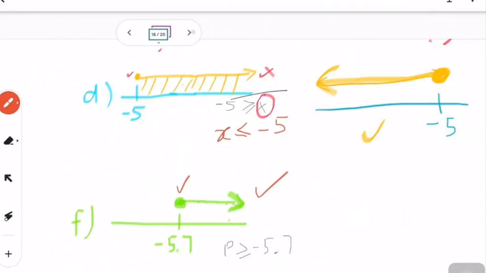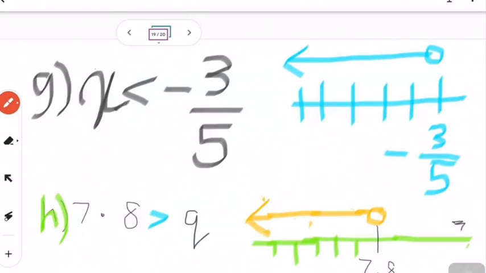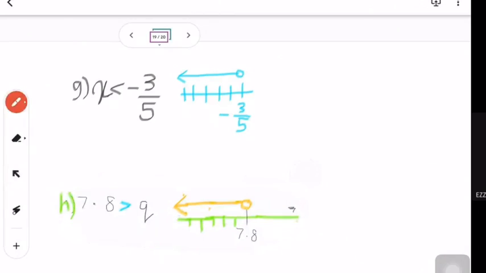Page 19, G, H. Alright. X is less than negative 3 over 5. Okay, negative 3 over 5. Less than, tak ada tanda equal. So, kita bulatkan dan empty the inside of the circle. And it is on the left side. Okay.